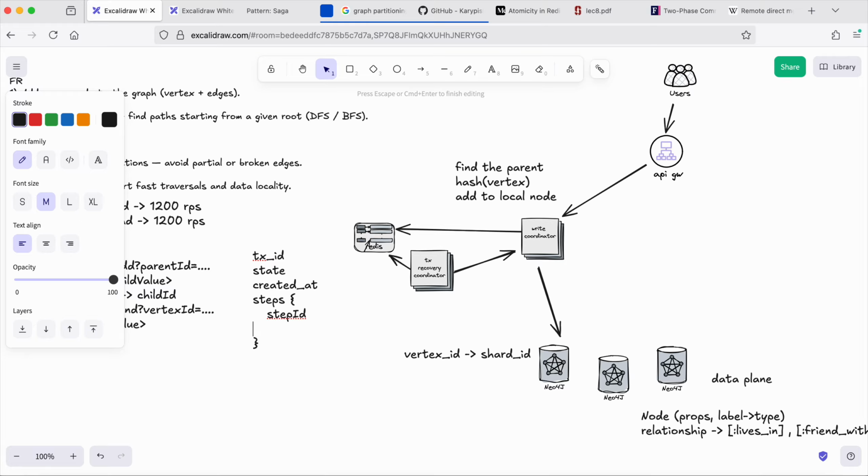I mean, like operation: create vertex or update edge. And what else? Like vertex ID.